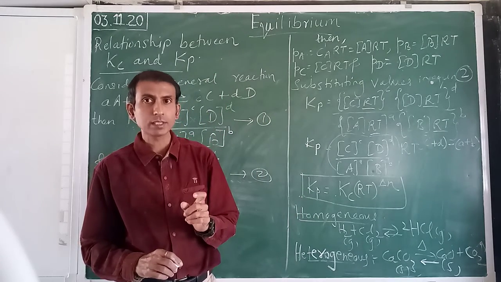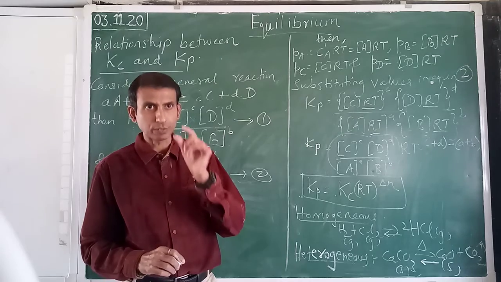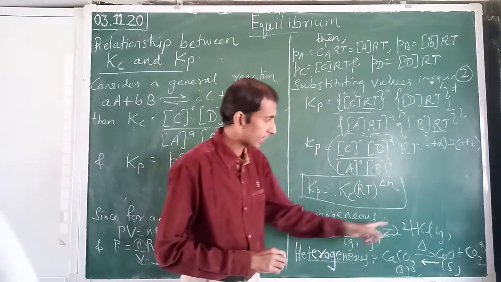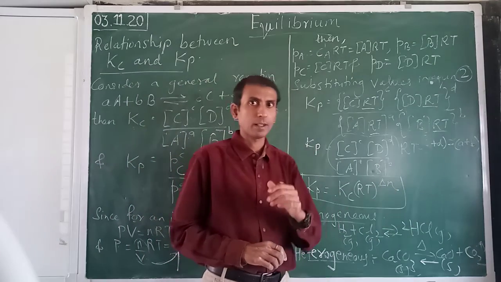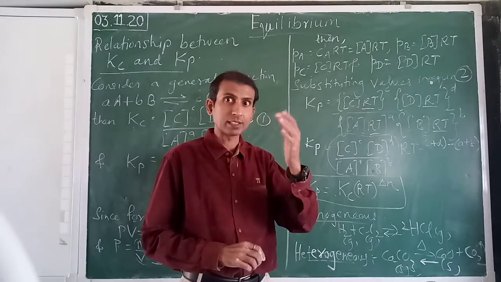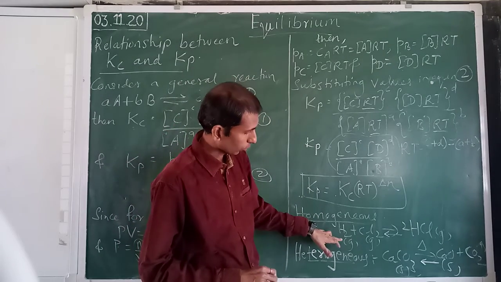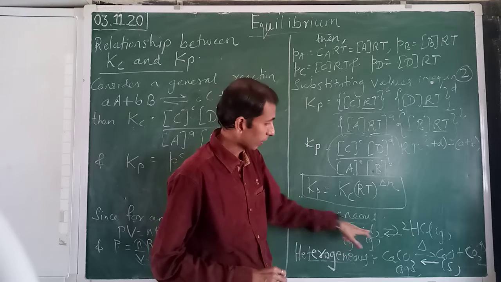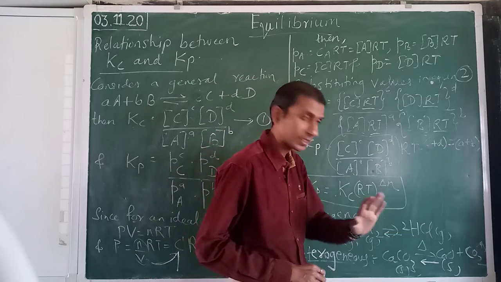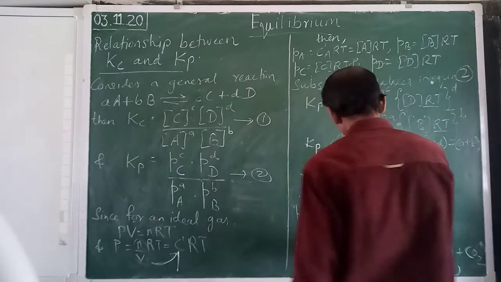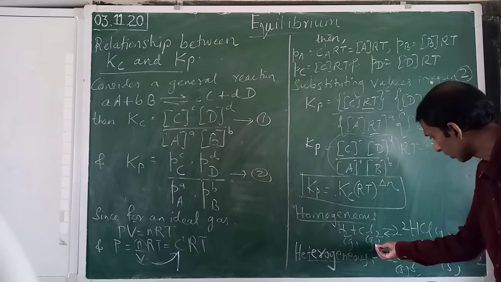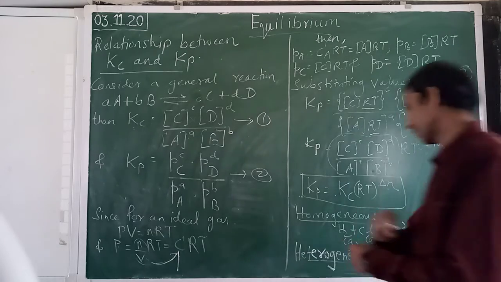Homogeneous equilibrium means the physical state of the reactants as well as products is the same. All are in the same phase. Phase means physical state. So H2 gas and Cl2 gas react with each other and we get 2HCl. As you can see, the reactants are in the gaseous state, and the product is also in the gaseous state.